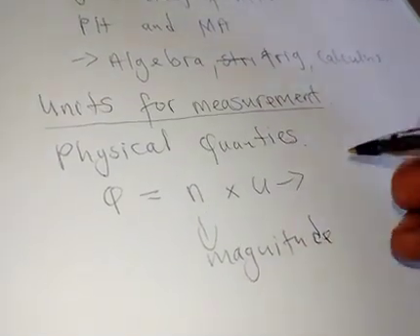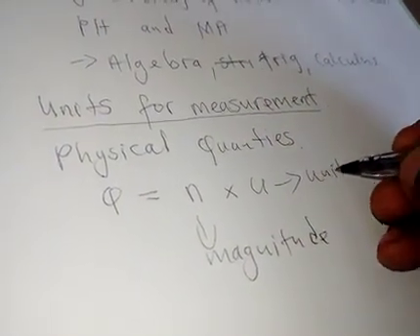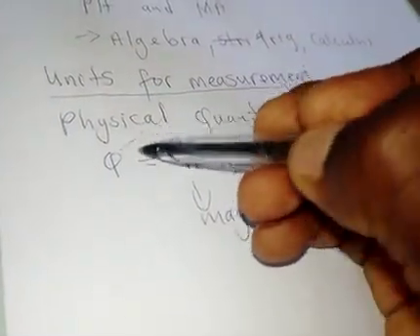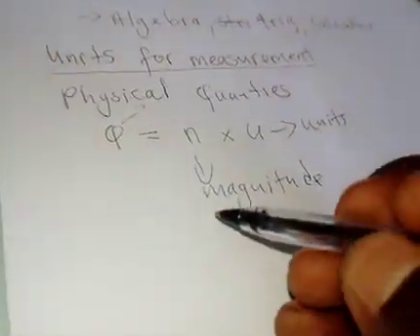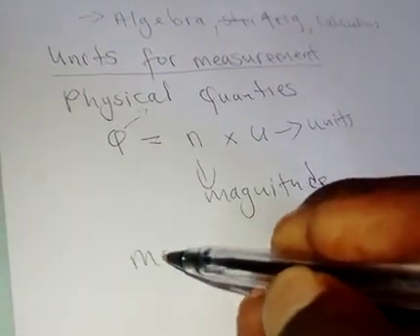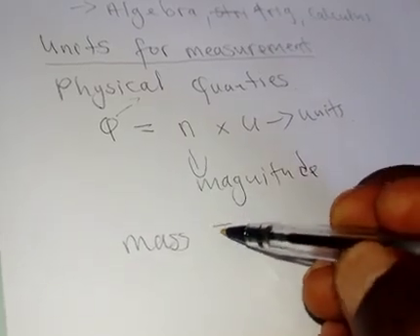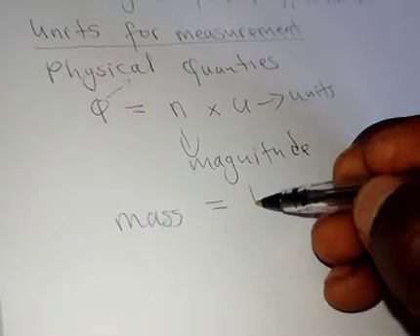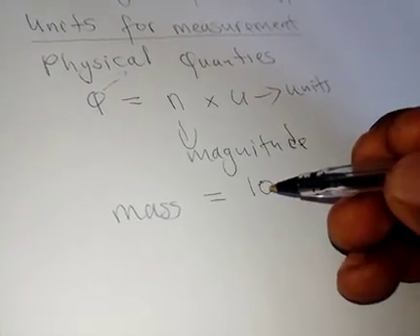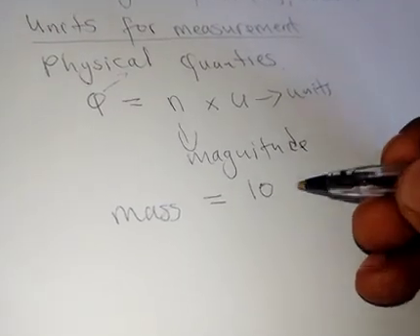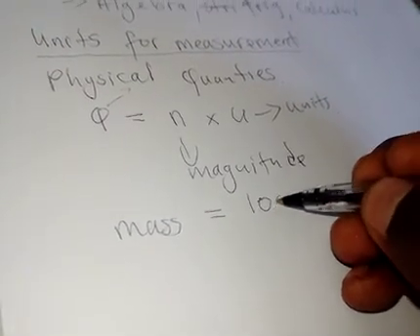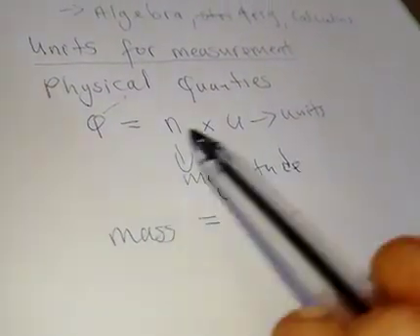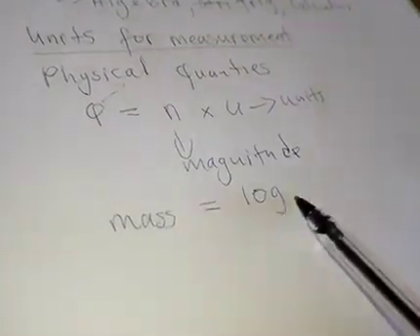For example, let's say a physical quantity which is mass equals 10 as the magnitude or size of the physical quantity, multiplied by g, or simply 10 grams. If we say mass equals 10 grams, we have expressed a physical quantity in that form.